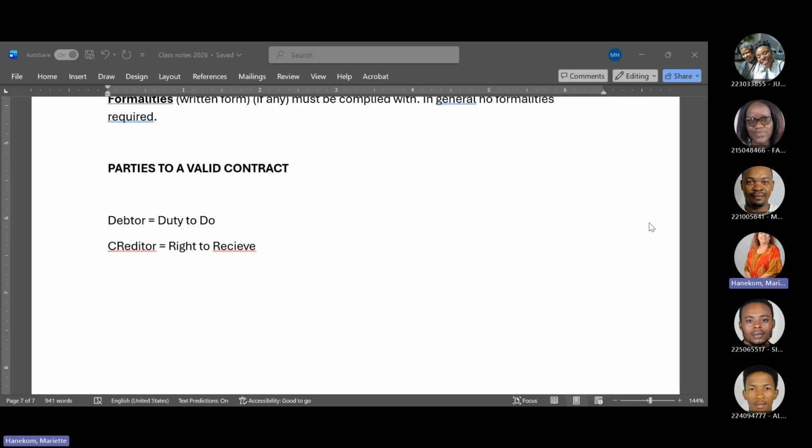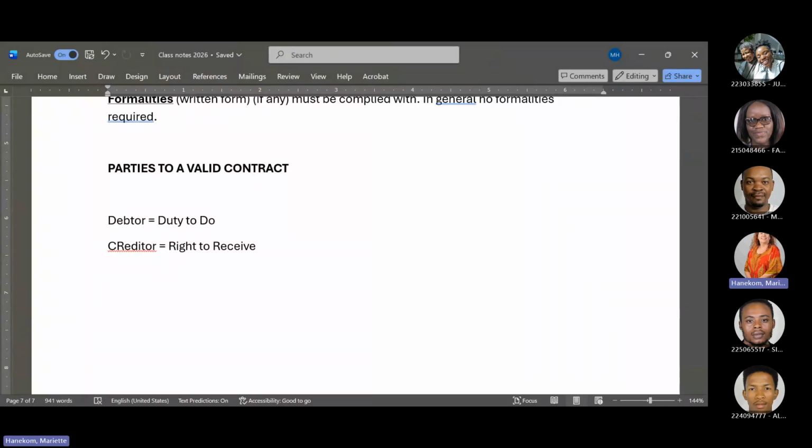With regard to the obligation to pay, he is the debtor. But with regard to the obligation to deliver the car, I am the debtor. Debtor, duty to do. Creditor, right to receive. Not complicated. Just remember that.